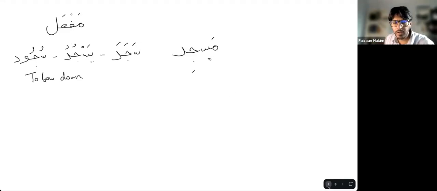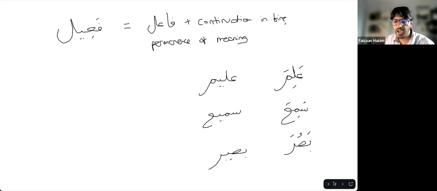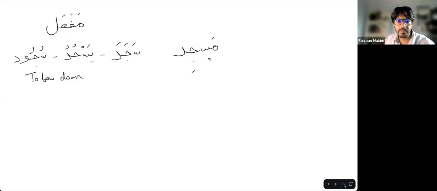If the maf'al or maf'il is the place or the time in which the fi'l is done, masjid means the place, in this case, is place of sujud. That's the meaning of masjid. It's the place where sujud is done, where people bow down unto God.